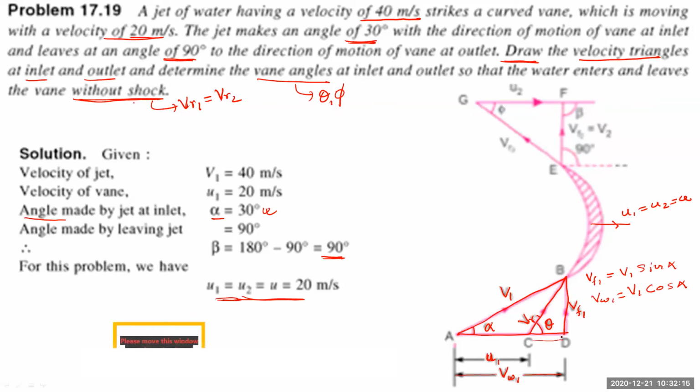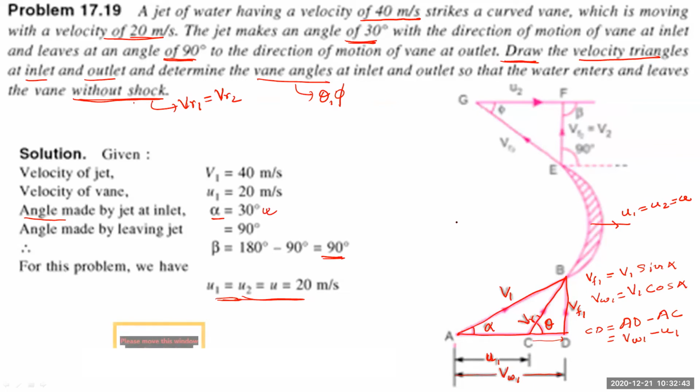So what will be CD? Can I write CD equals AD minus AC? AD is VW1, and AC, if you see in this triangle, is U1. So CD is nothing but VW1 minus U1.